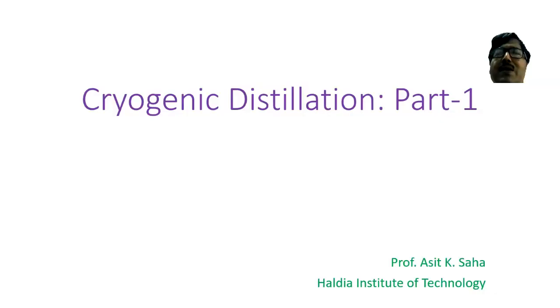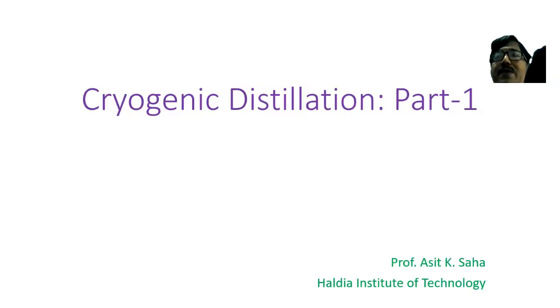Though there are some other trace components, one major component that is there at percent level is argon. Argon concentration in air is about 1%. So by the cryogenic distillation process, sometimes we can separate argon as a byproduct.